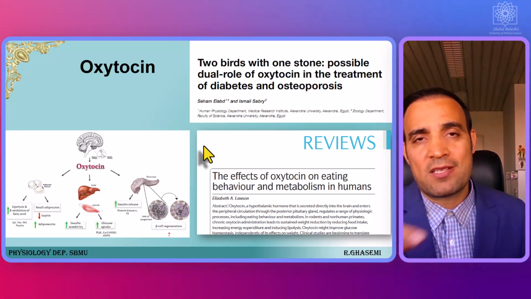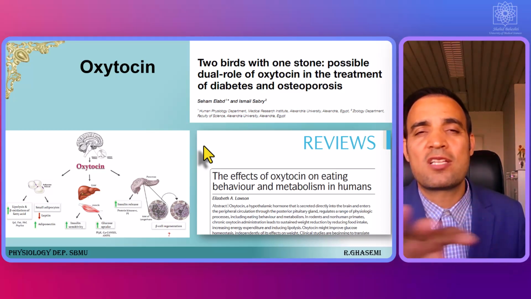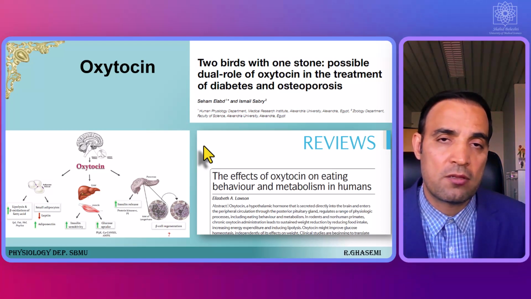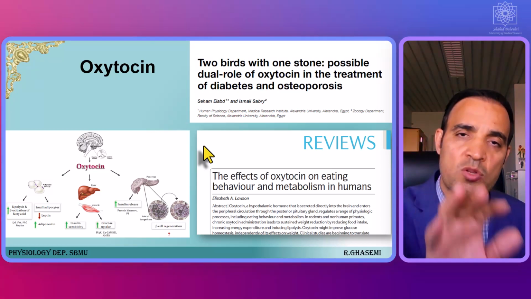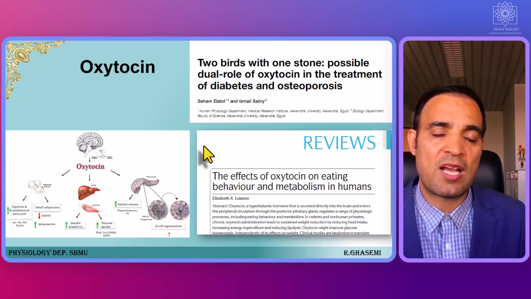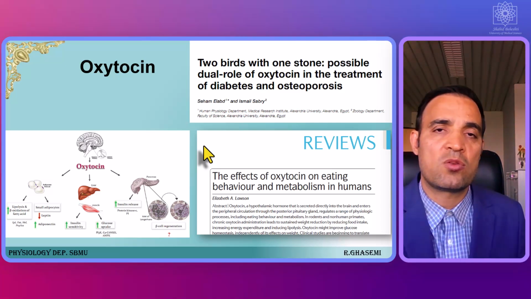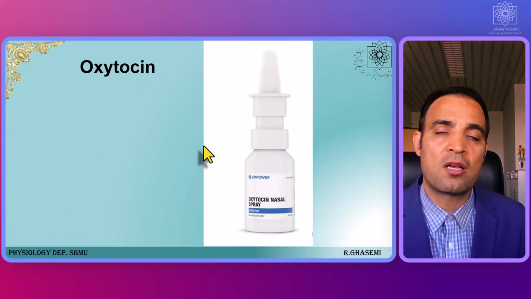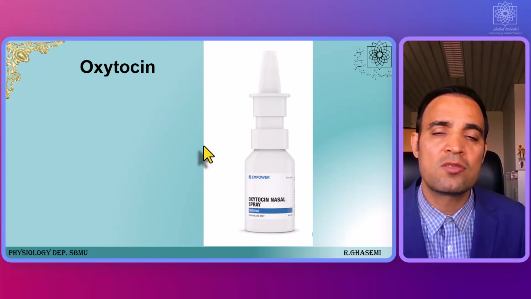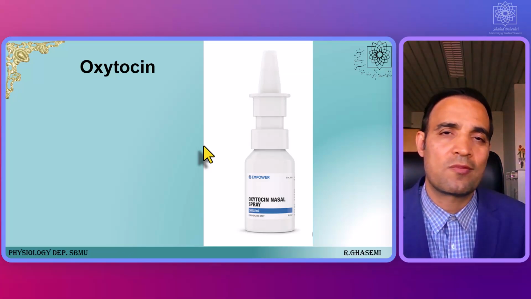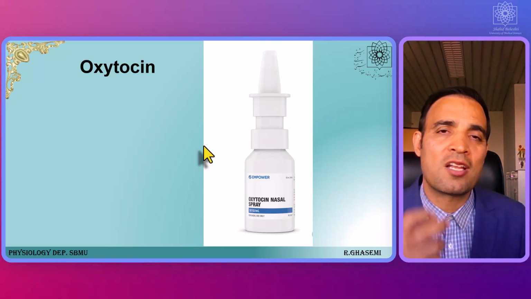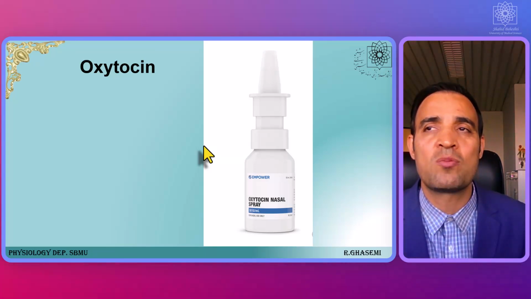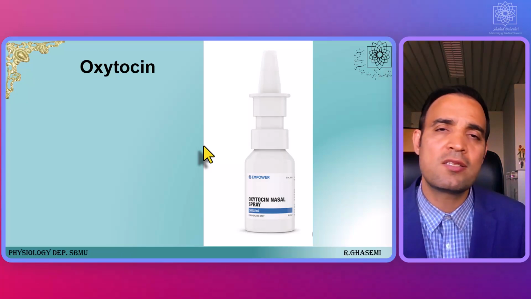Vasopressin also has some functions that are similar to oxytocin, but oxytocin is better studied. Vasopressin is also involved in this process, but because we have not enough time, I'm not going to tell you about it. About oxytocin, research is still continuous. There are several studies that use intranasal oxytocin to study the behavior of humans.